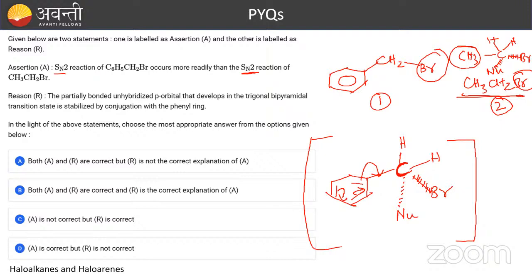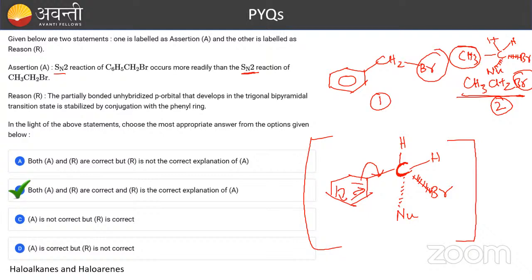So the second compound cannot be stabilized. Whatever attains the stable state will be more favorable and more readily reactive. So assertion and reason are correct, and R is the correct explanation of A. Option B is the correct answer.